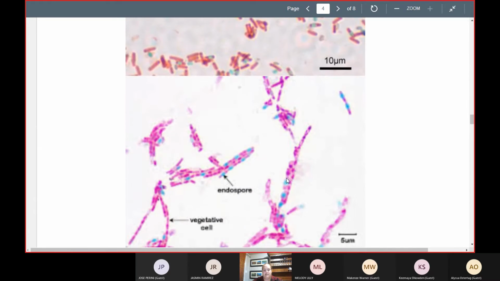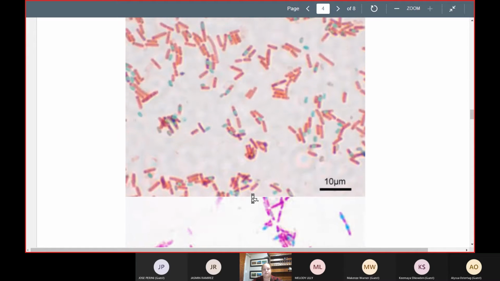So here they have them stained in blue, but also there's ones that weren't stained that are these dark purple dots. So if you're looking at a bacterial slide that has a lot of dark dots in the middle of the bacteria, that's probably indicative of endospores. And you can see this little cell over here doesn't have any dark dots in it, and that would be indicative of a vegetative cell, as it shows there.